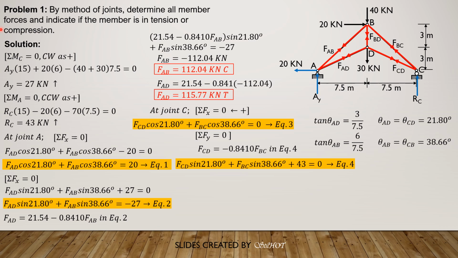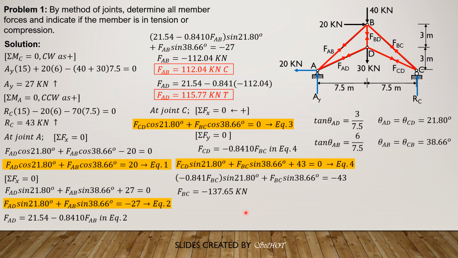Substitute into equation 4, then we have negative 0.841 FCB times sine 21.8 plus FCB sine 38.66 plus 43 equals 0. Leaving FCB as the only unknown, we can compute FCB using your calculator.